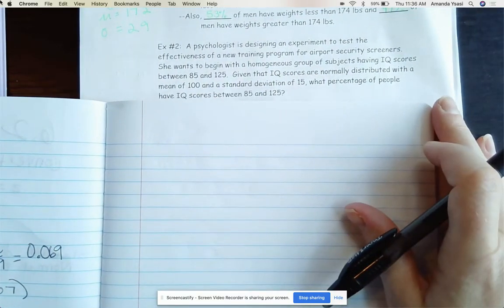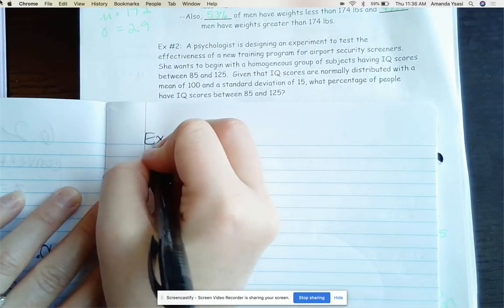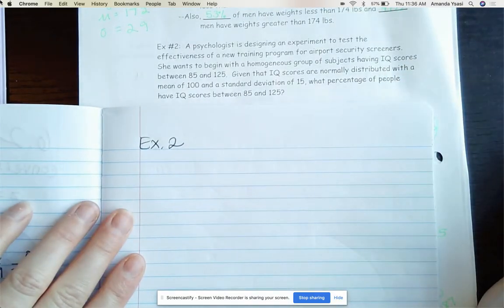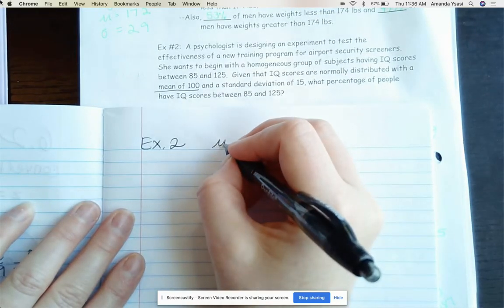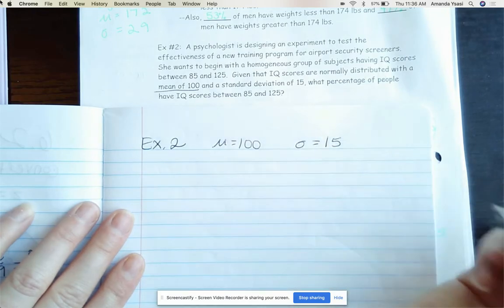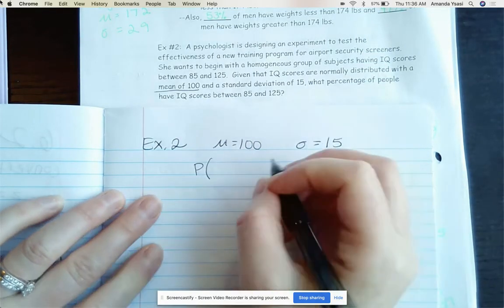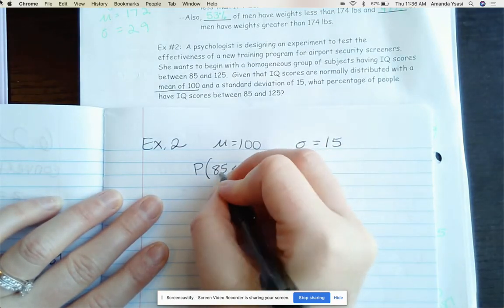Go ahead and read that, and we're going to write down the important information. Okay, so one thing would be a mean of 100, standard deviation of 15, and it says we want the probability that X is between 85 and 125.